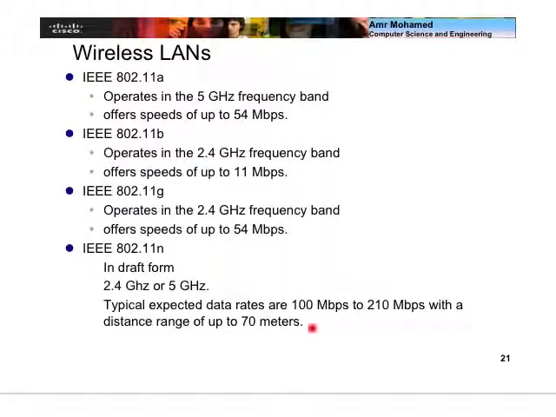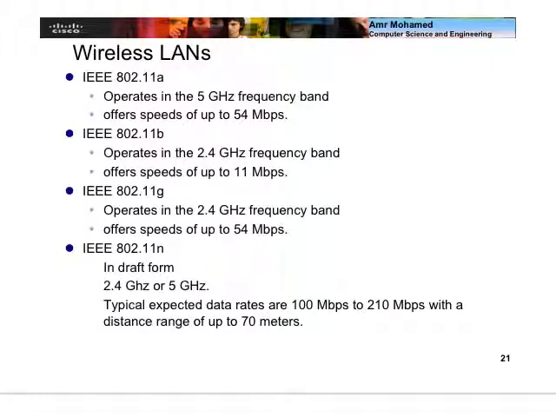And the typical rates for this are almost similar to Ethernet, 100 to 200 megabits per second, which is huge compared to wireless, of course. Ethernet nowadays, we have 1 gigabit per second, we have 10 gigabits per second Ethernet over wire. Over wire, it's easy. But to get these rates over wireless, this is a great achievement.